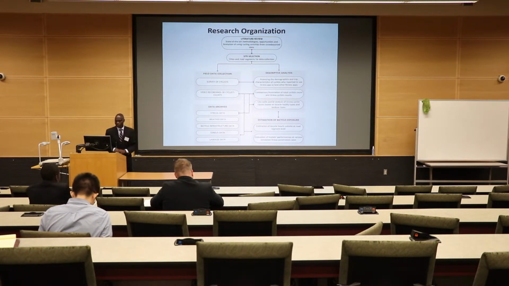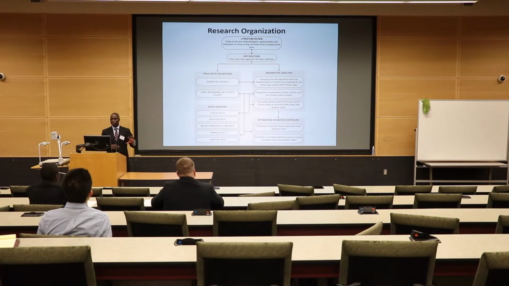This flowchart is showing how we did our research. We obviously did field data collection, and this field data collection involved surveying of cyclists, and we also collected video data to capture how many cyclists are out there. And then we had data that were from the archives. We had Strava data. This is data from Strava, which shows how many cyclists were using the Strava app when they were riding.